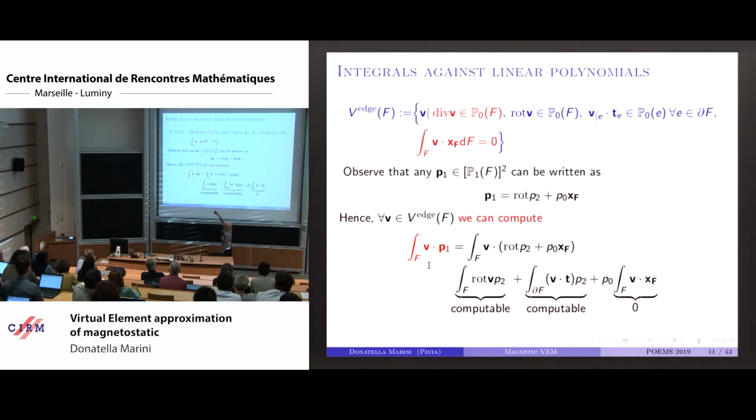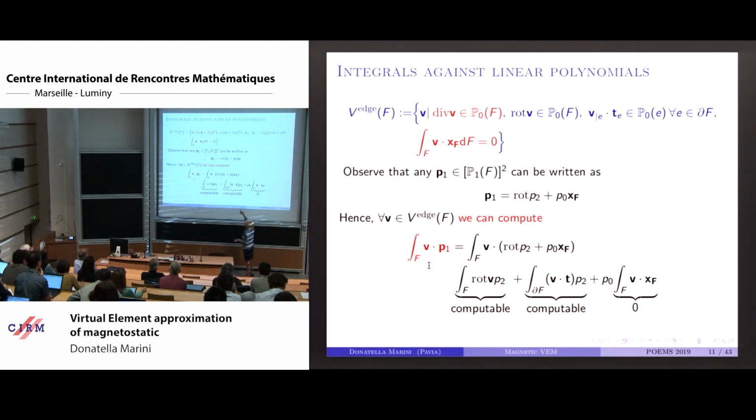Then we replace this expression here, integrate by parts. This first is known, is computable because the rot is constant, and knowing the tangential component of the boundary, we know the rot. So this is the integral of a polynomial of degree 2.